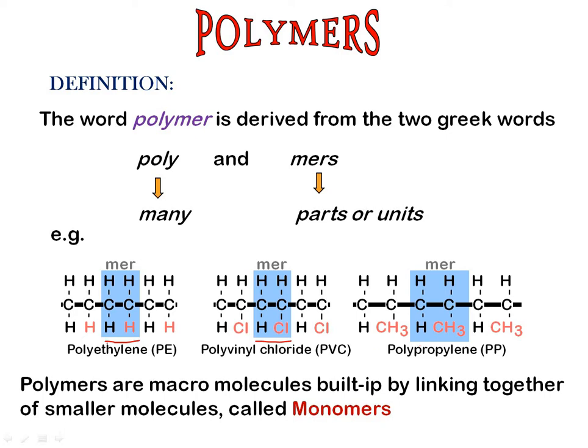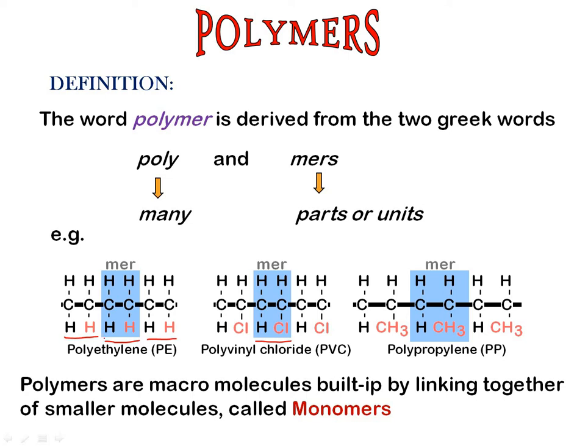Here these are the small molecules, they combine, and this is one ethylene monomer, this is one ethylene monomer. These monomers are the small molecules, they combine together to yield a big molecule or macromolecule which is called a polymer. Now here this is polyethylene formed by the combination of small molecules, monomeric units of ethylene.